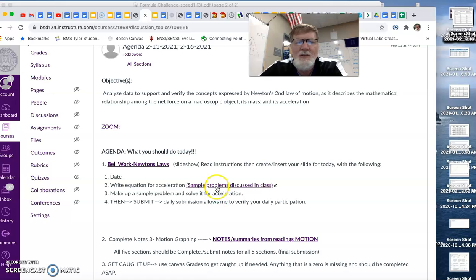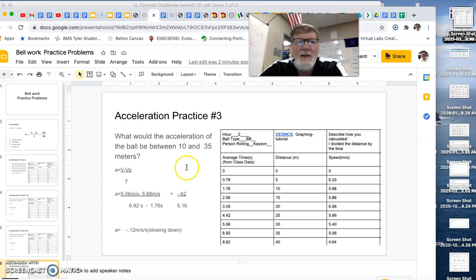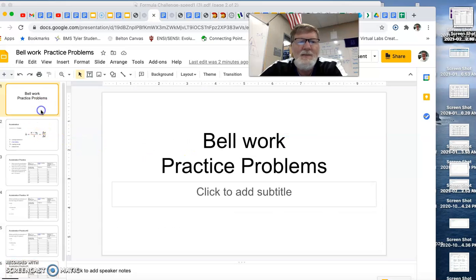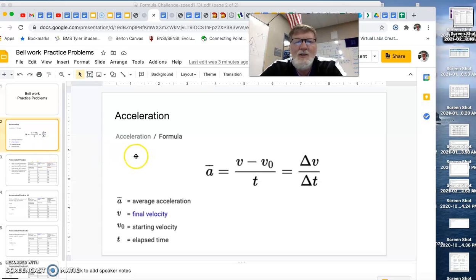In class, we're actually going to use this slideshow that has data from last week when we compared the volleyball to the basketball rolling down the hall. Here's the equation for acceleration. The acceleration can be determined by subtracting the initial velocity from the final velocity, divided by the time.